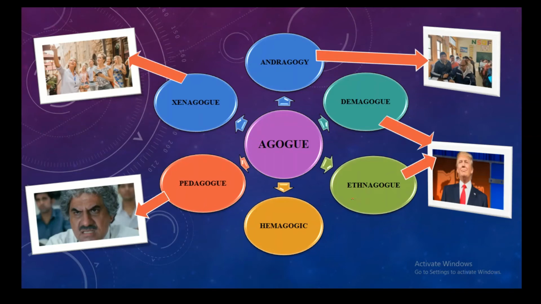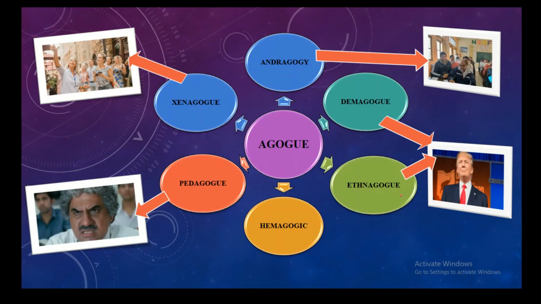Now let us go to next one, ethnagogue. Ethnagogue meaning someone who leads a nation or a leader of a nation. So here the same person I have put here. So Donald Trump is a demagogue and an ethnagogue.